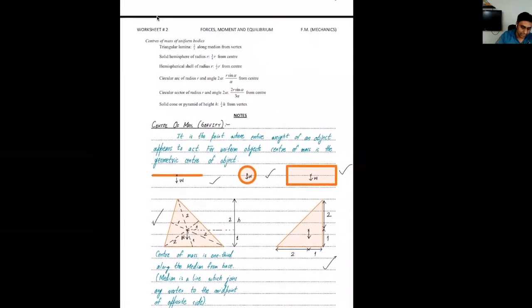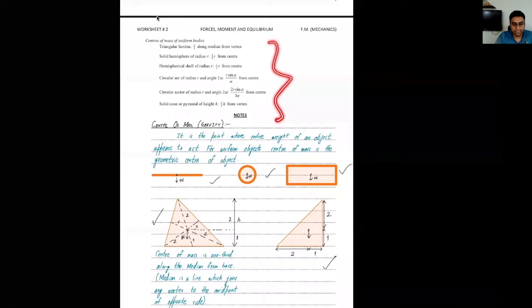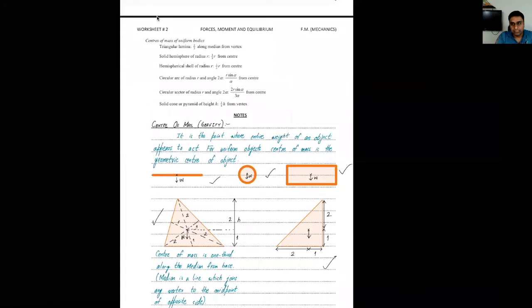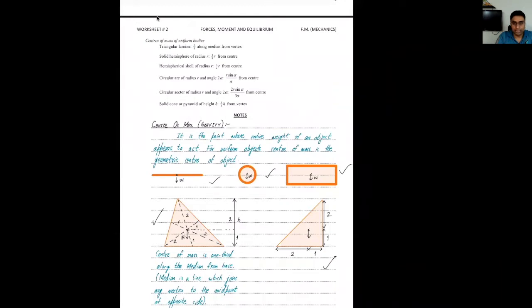So this is an extract from your formula sheet. This will be part of your formula sheet, so you can always look at it in case you're confused about something. But for some objects being uniform, it would be very easy for you to figure out where exactly is the center of mass.